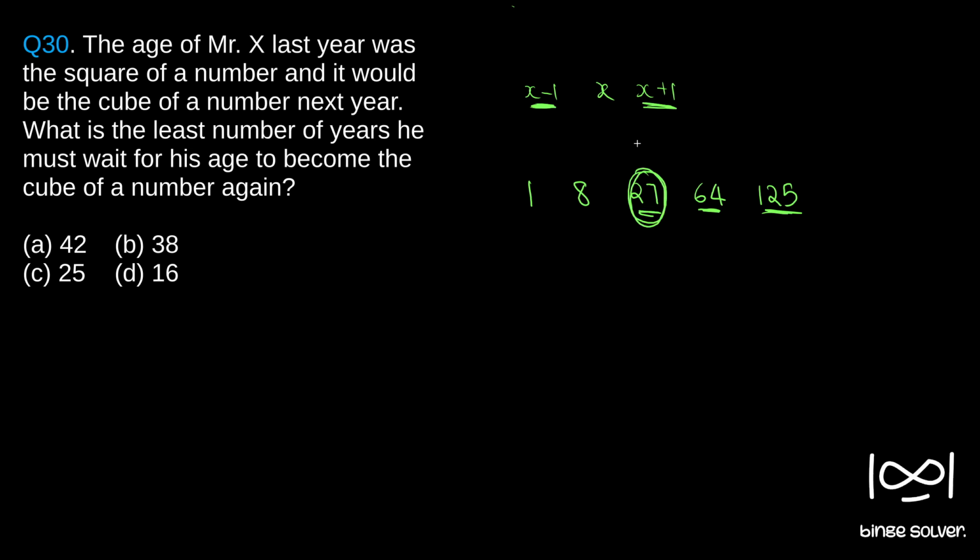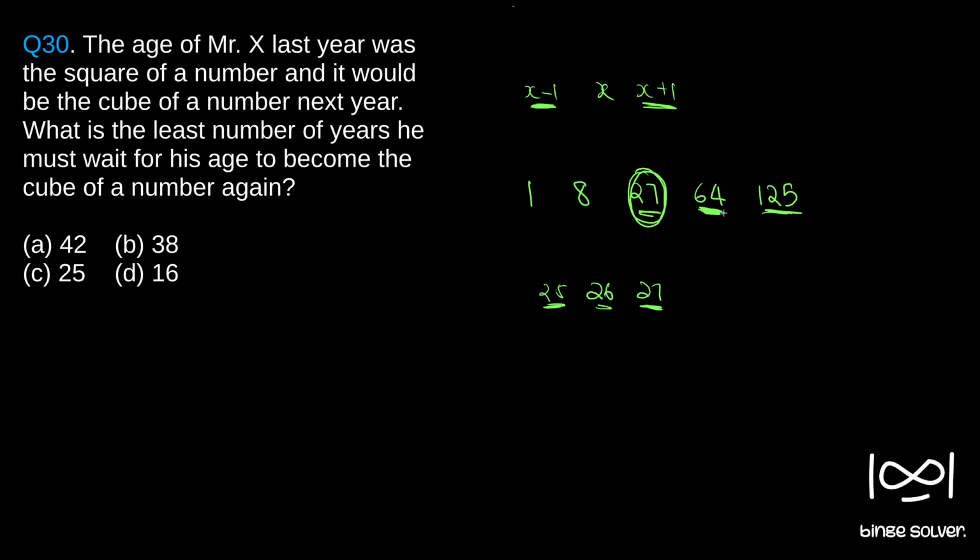So his age is currently 26, and 27, which is his age next year, is a perfect cube, and one number less, that is 25, is a square of a number. So this is the age we need, and it asks what is the least number of years he must wait for his age to become the cube of a number again.